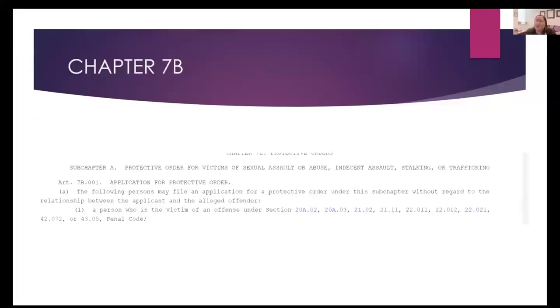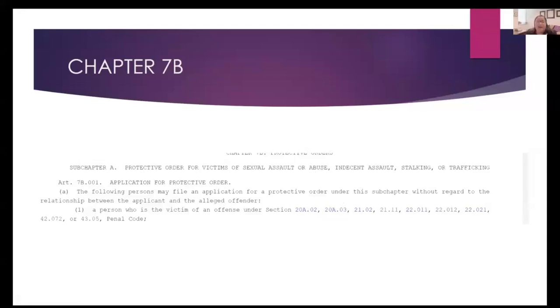Now, Chapter 7B, which doesn't require a relationship. If you go to Chapter 7B, you can actually click on these offenses, and it will delineate which offense is protected and you can get a protective order. It specifically says sexual assault or abuse, indecent assault, stalking, or trafficking. And so with these offenses, a relationship is not required.